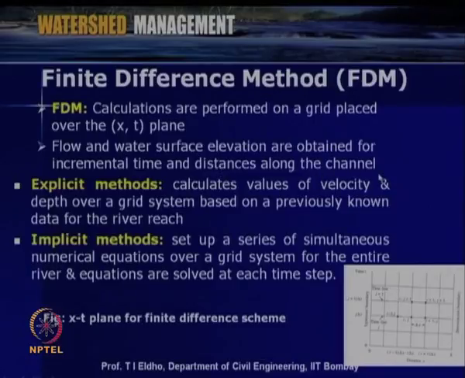If you consider a channel model, we can do overland and channel also. With respect to x and with respect to time, the space and time, we can do the modeling. As far as the finite difference scheme is concerned, generally we can have two types of schemes. One is the so-called explicit method and the second one is the so-called implicit method.